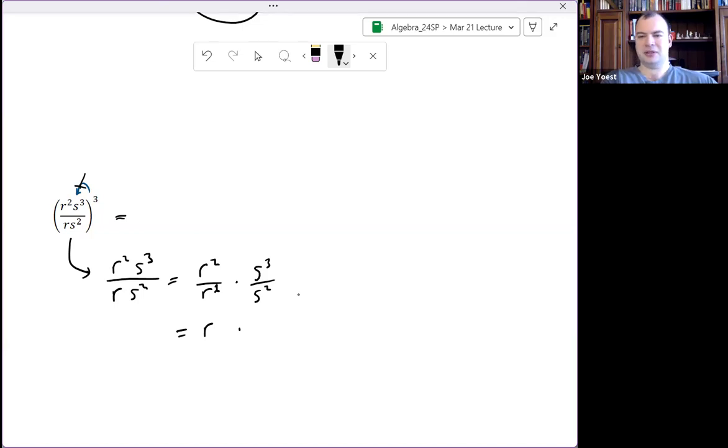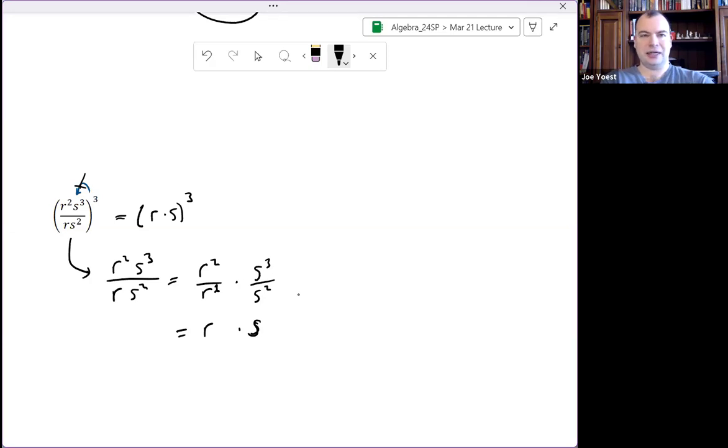And similarly with this s fraction here, I have s cubed over s squared, s to the third power over s to the second. And that's going to leave me with s to the 3 minus 2 power, or s to the first power. So all of this stuff inside the parentheses just simplifies to r times s.